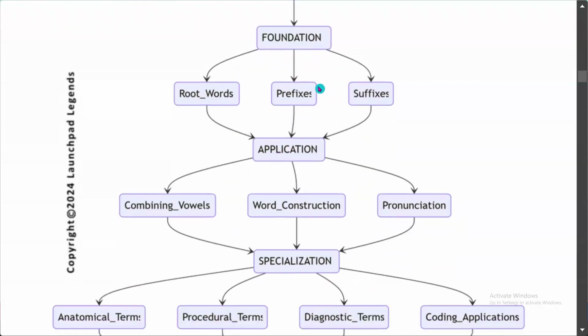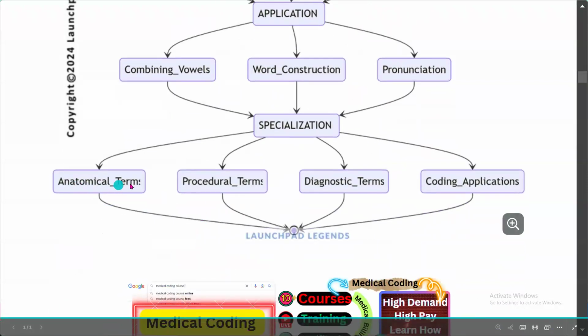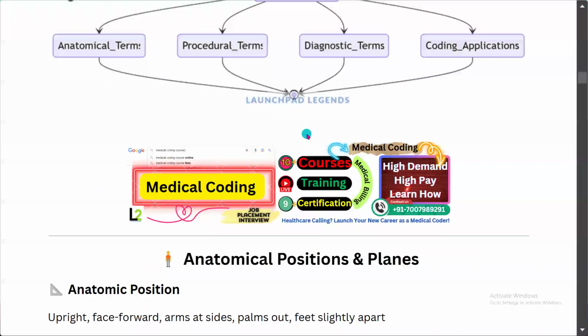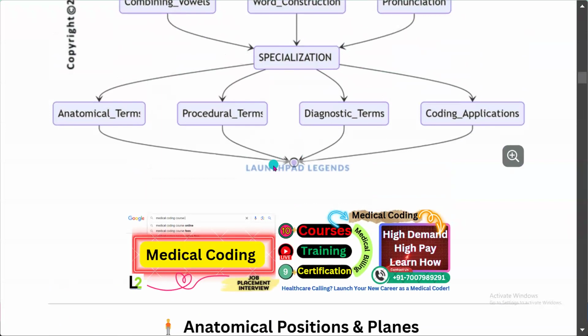So when you are going to understand any medical term, first you understand the root word, prefix, suffix, then apply this with the combining vowel, the root construction, the pronunciation, and after that the specialization related to anatomical term, procedure, diagnostic. Like the way you can form or understand any medical terms.